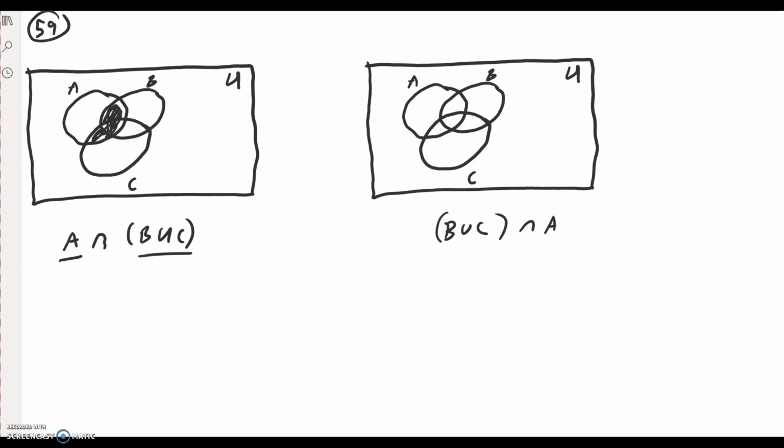So the question is, is this intersection commutative? This is everything that's in the circles B and C intersected with the stuff that's in A. And once again, that's exactly the same pieces. These are the pieces that are both in A and in the union of B and C. And so on problem 59, the answer is yes. These two sets are the same.